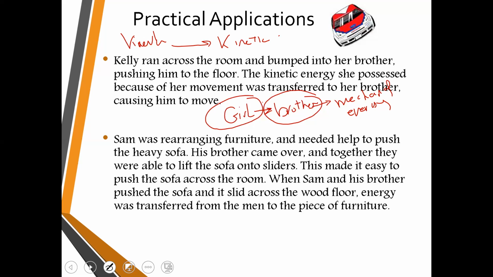When Sam and his brother pushed the sofa and slid it across the wood floor, energy was transformed from the man to the piece of furniture. So this is a real practical example that happens in our life. I have a piece of furniture, a sofa. I want now to push it, to rearrange my room. I want to push the sofa to the right.